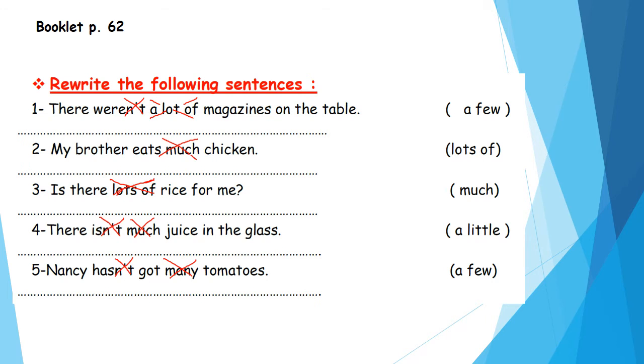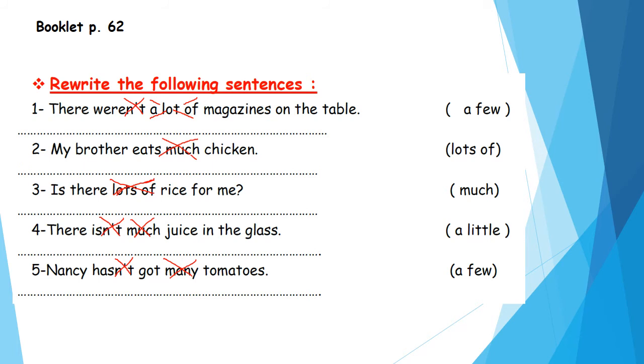First, I want you to remember that we use a few with countable nouns, affirmative, and questions. Affirmative means positive sentences, a positive means without not. So the first step you will do, you will cross not, because we use a few with positive sentences. After that you will cross a lot of, because we can't put a lot of and a few at the same time.